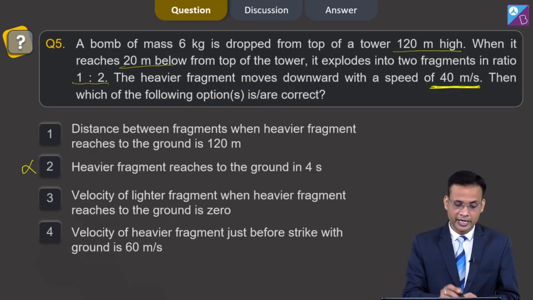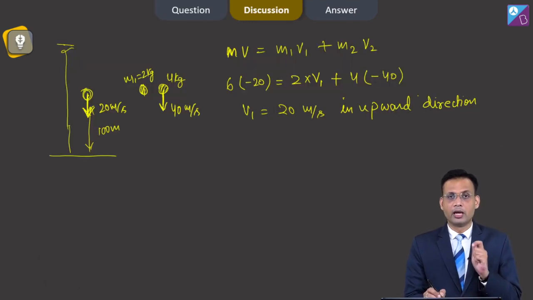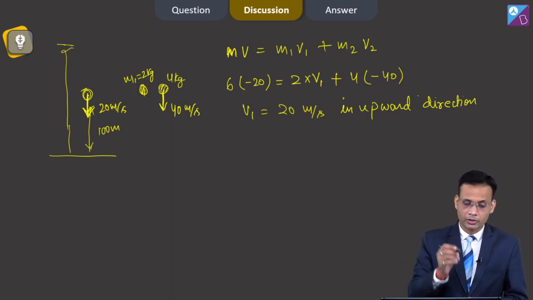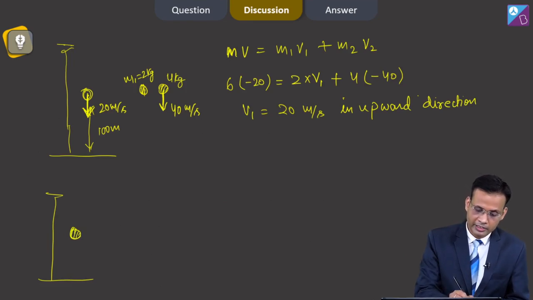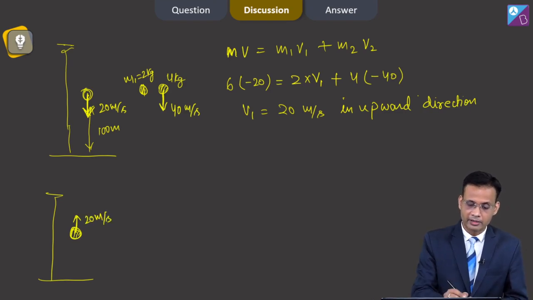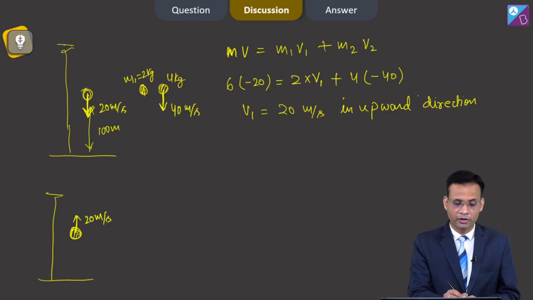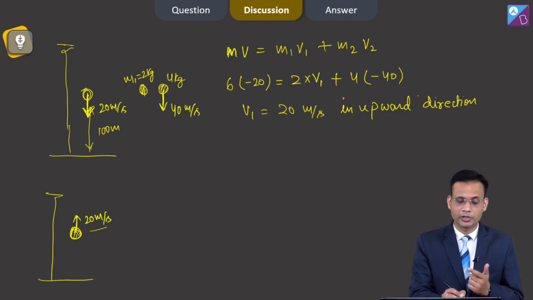Now, our option 3 states the velocity of the lighter fragment when the heavier fragment reaches the ground is 0. We know that the heavier fragment reaches the ground after 2 seconds. So, the lighter fragment moves after explosion with a speed of 20 meter per second, and let us calculate its velocity after 2 seconds.